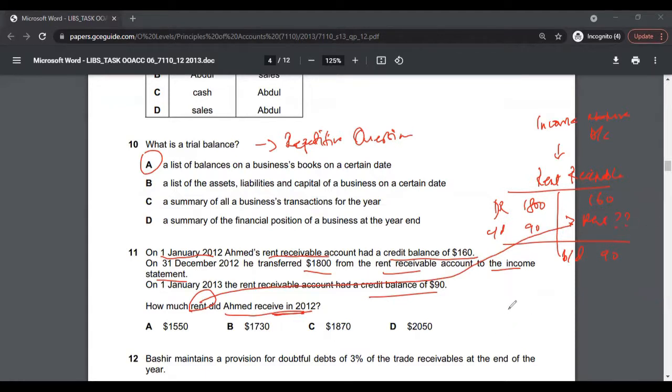How do you calculate this X number? It would be 1800 plus 90 minus 160. If you solve this, you would get an answer of 1730. So the answer to multiple choice 11 is option B.